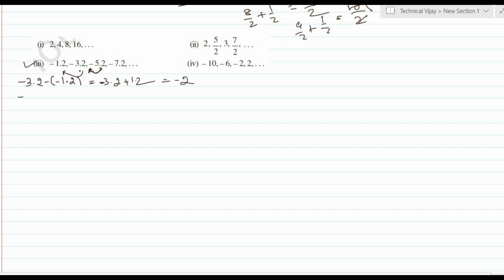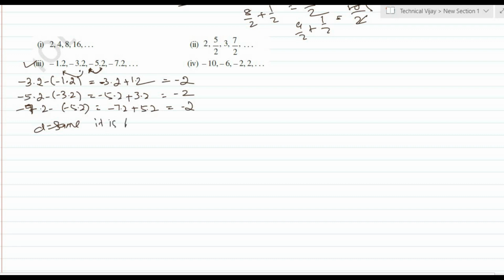In the same way, minus 5.2 minus of minus 3.2, which is equal to minus 5.2 plus 3.2. Again it is equal to minus 2. Then minus 7.2 minus of minus 5.2 is equal to minus 7.2 plus 5.2, which is equal to minus 2. See here, D is the same and it is AP.